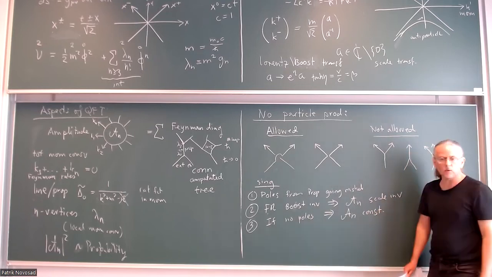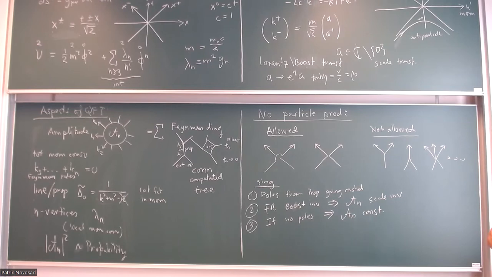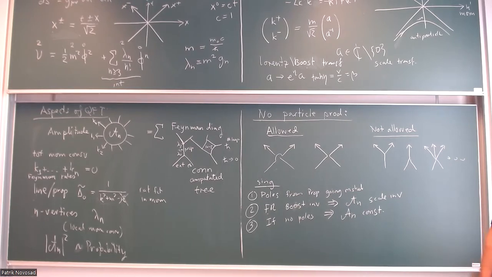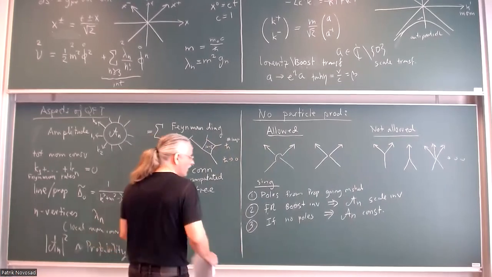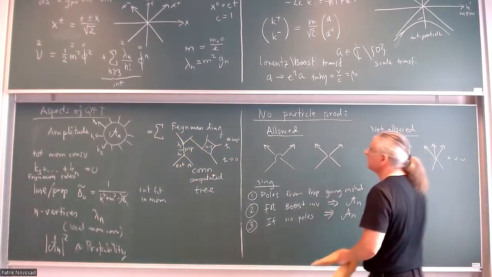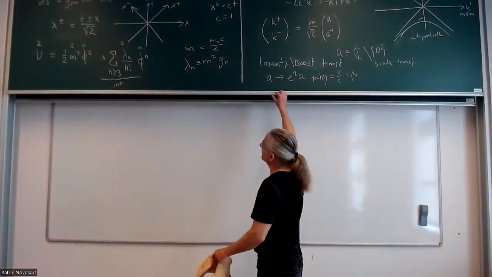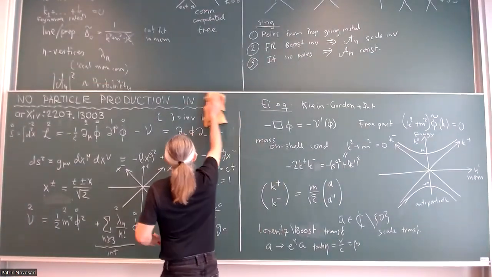We will use this all the time. This is the trick: we will try to get rid of all poles, and then we know that the amplitude must be constant. Okay, so that's one more trick that we have to learn about, and then we can start with cases.